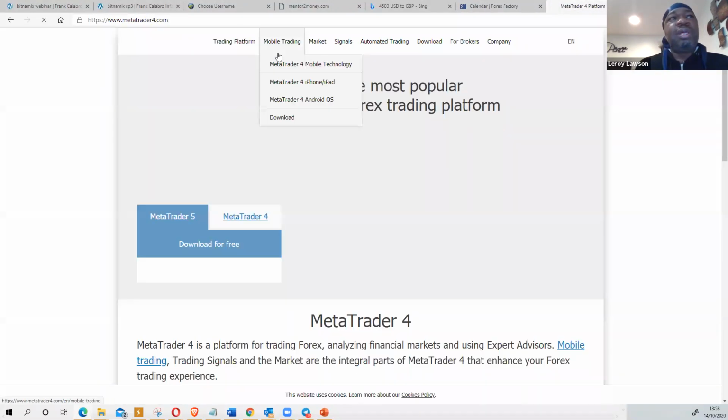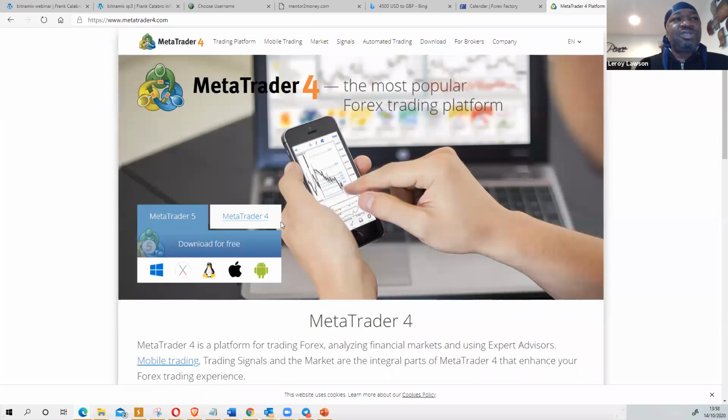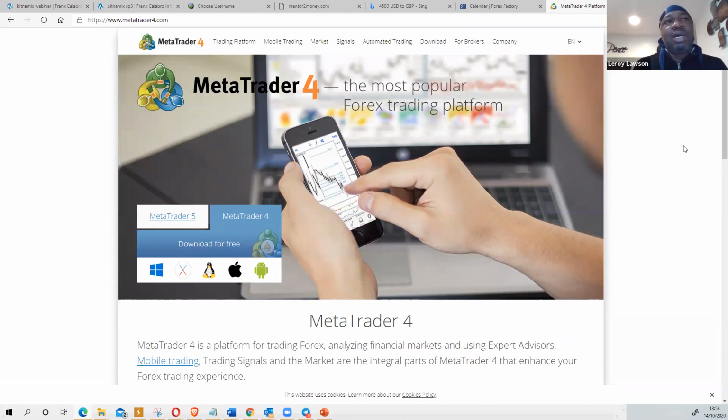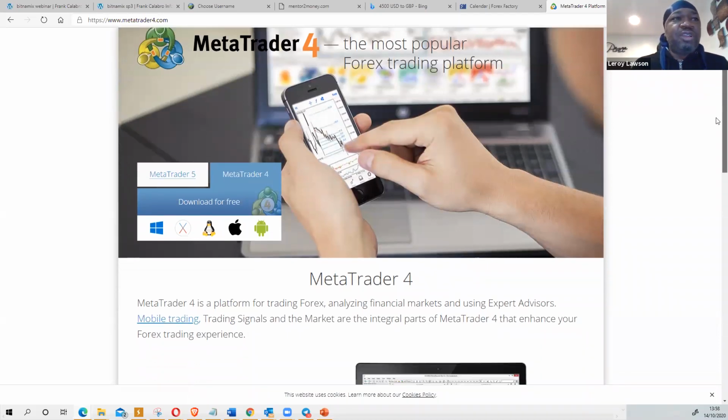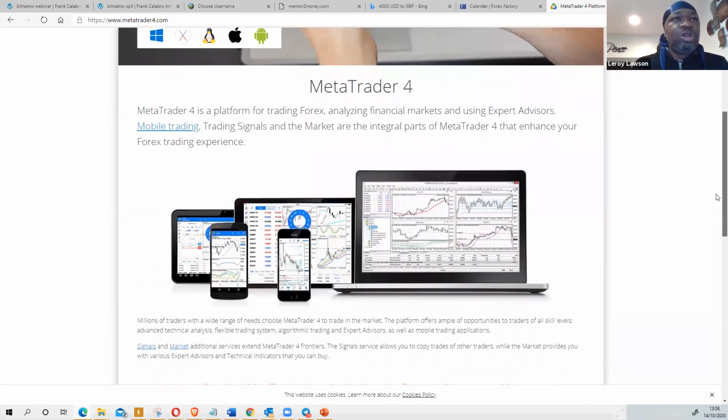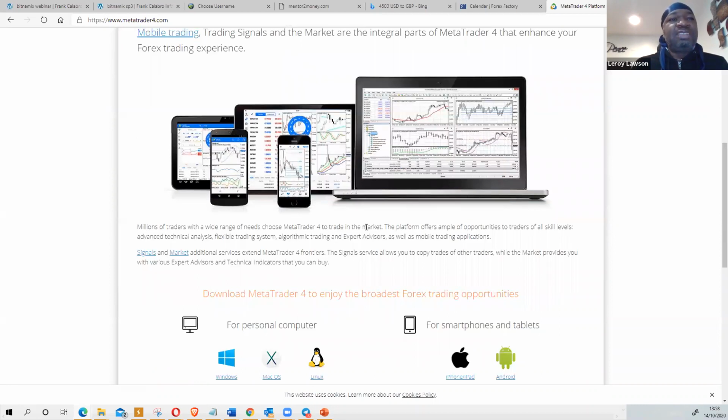If you've got a computer, you will just download this onto your hard drive, and you can download it for free if you've got a broker account with any company. There's a few companies I recommend, and if you want to do this route, let me know. The big difference with MetaTrader 4 is I would say only use it on your desktop.